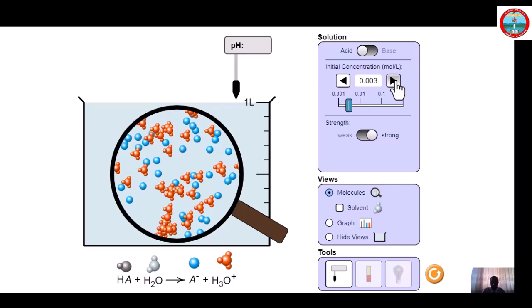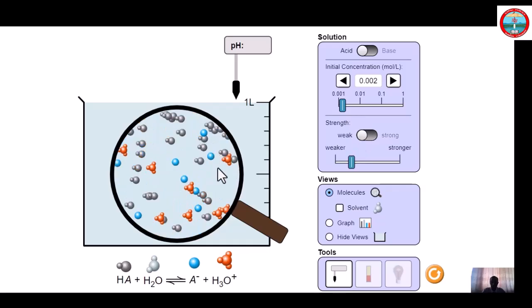If the concentration is increased for the strong acid, then the concentration of A and hydronium ion will be increased, but no such type of molecule here. But if the acid is weak acid, now here we have undissociated molecule after dissociation.